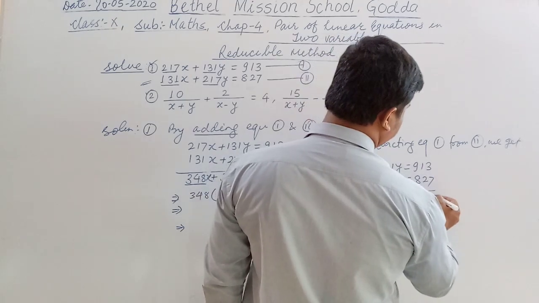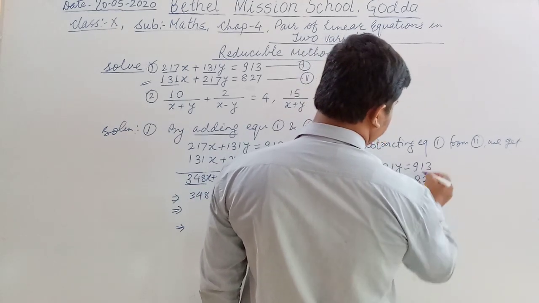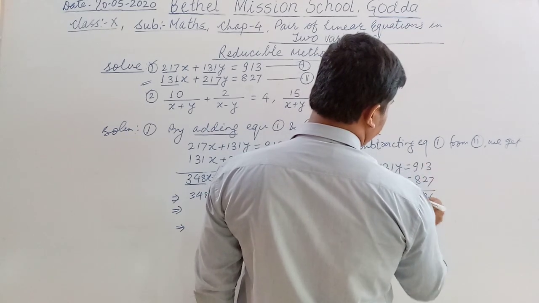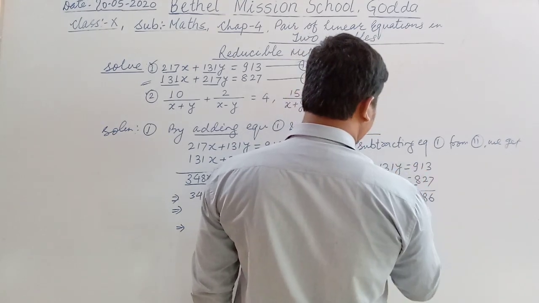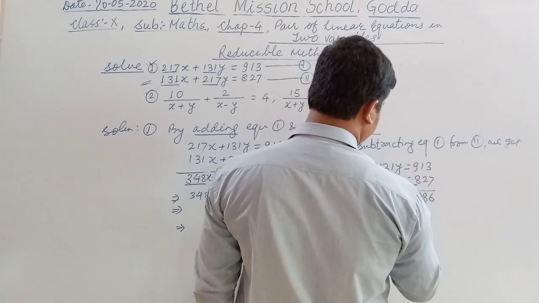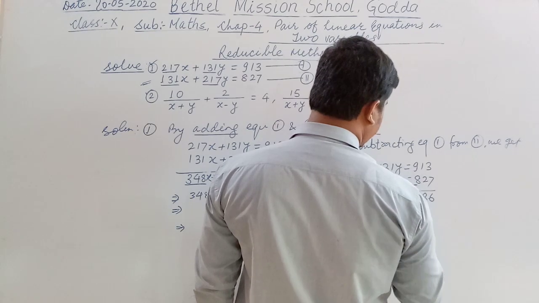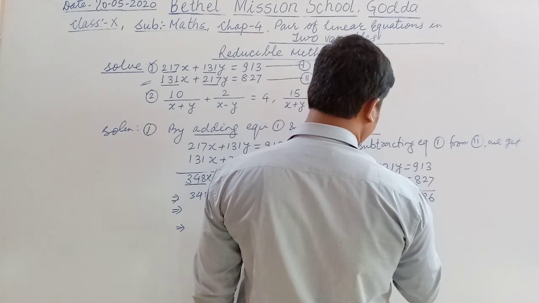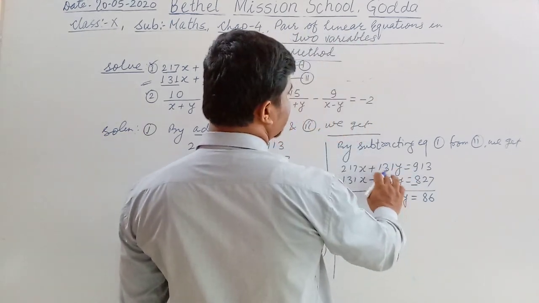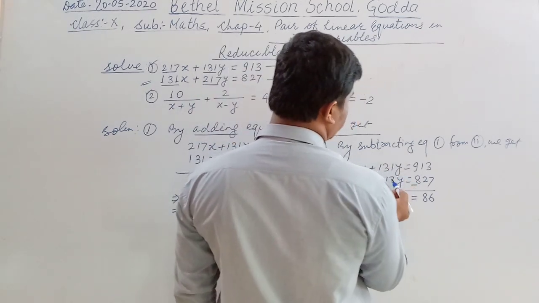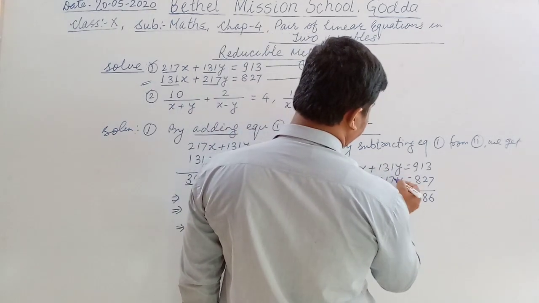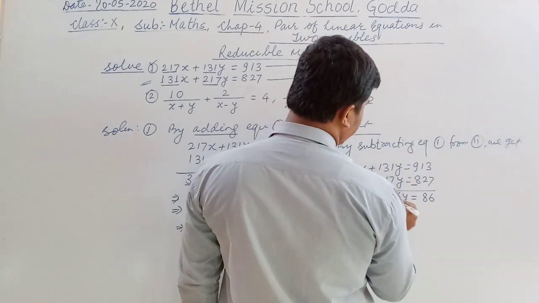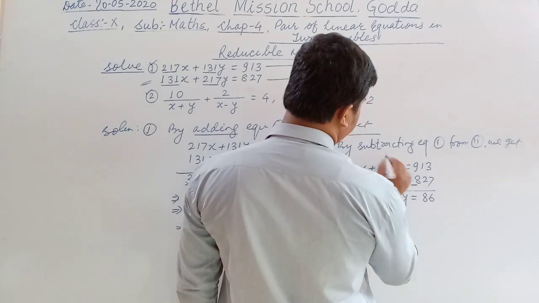13 minus 4, 6, 10 minus 2, 8, 8 minus 8, 0. Oh sorry, because 217 is greater than 131, we have to subtract this from this, and here there will be a minus sign. 7 minus 1, 6, 11 minus 3, 8, 1 minus 1, 0.